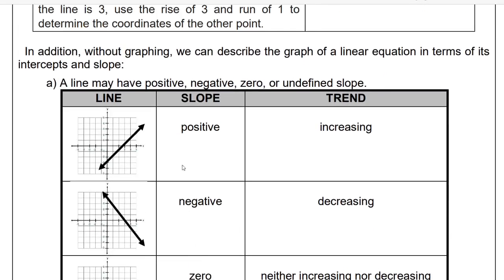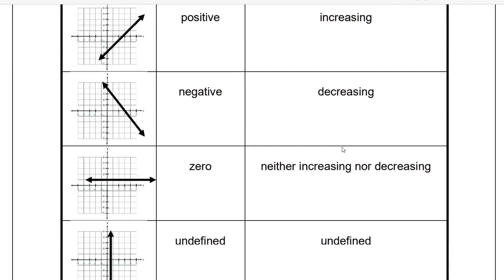So in addition, without graphing, we can describe the graph of a linear equation in terms of its intercepts and slope. So if the line from left to right is going up, therefore the slope is positive and the trend is increasing. But if your line from left to right is going down, therefore the slope is negative and the trend of the graph is decreasing.